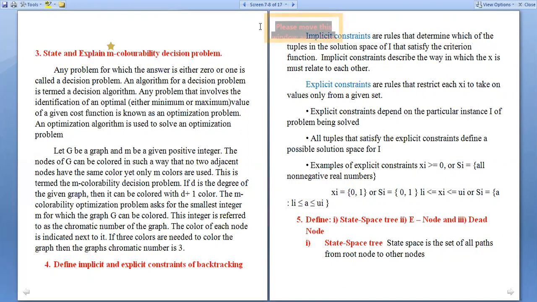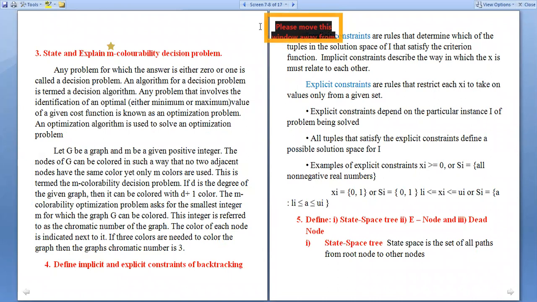If the nodes of G can be colored in such a way that no two adjacent nodes have the same color, and only M colors are used, this is termed the M colorability decision problem.